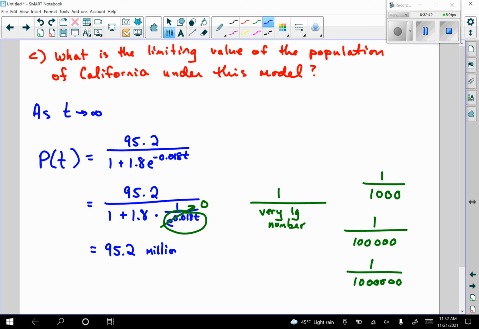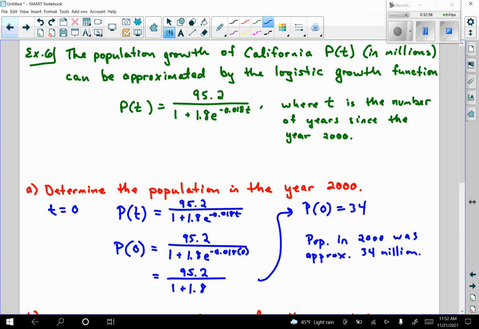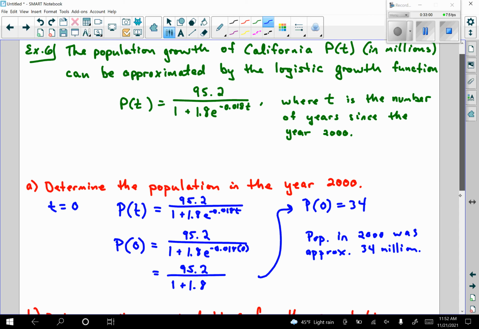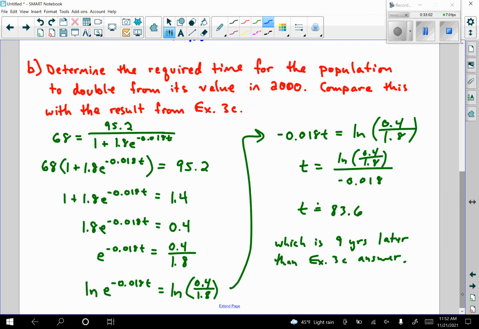So we say this is a limiting value because of the limited resources to sustain a large human population. So it is going to be limited. It can't keep increasing. It is going to be limited because there's only so many resources. So if we go back to the answer for part B, the logistic growth model approaches a limiting population.